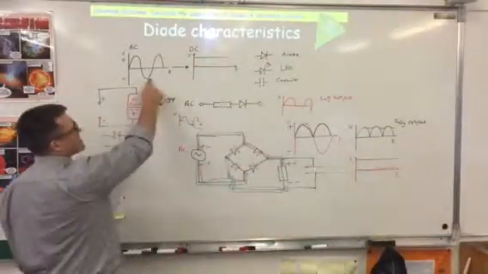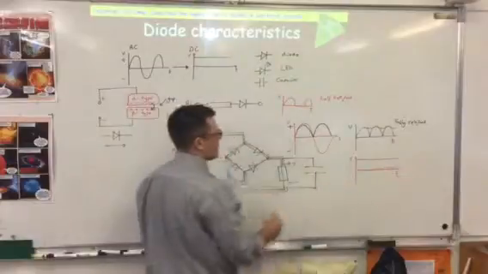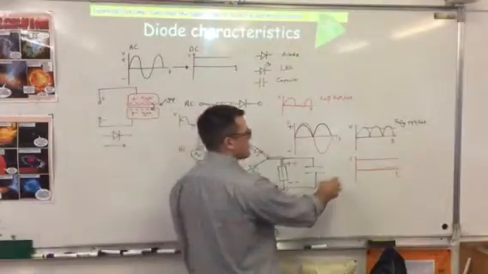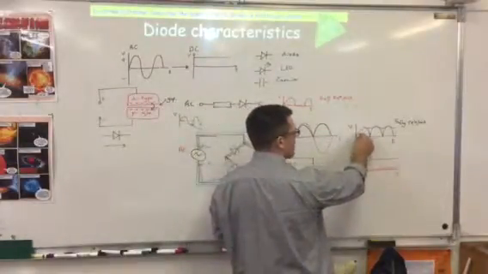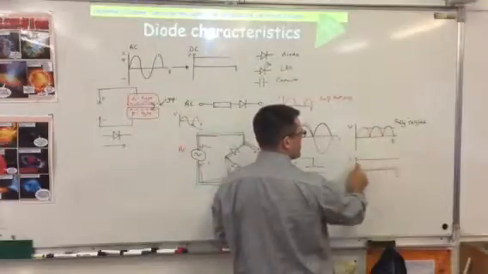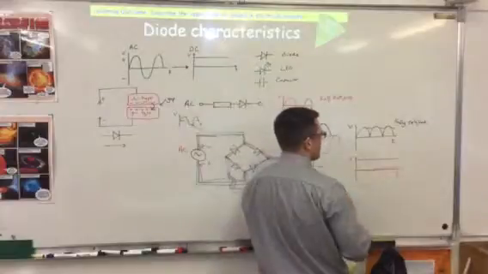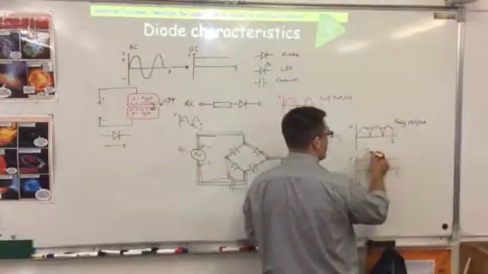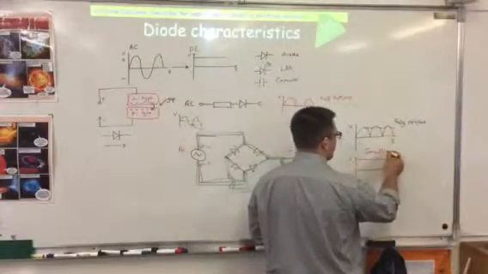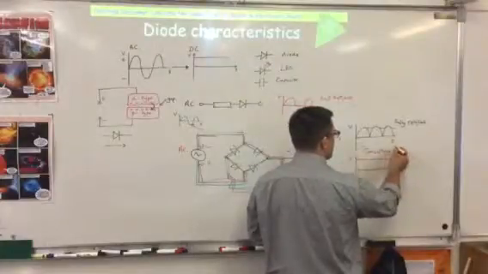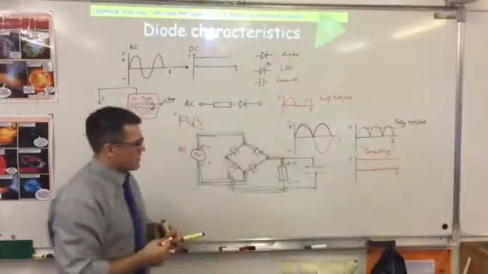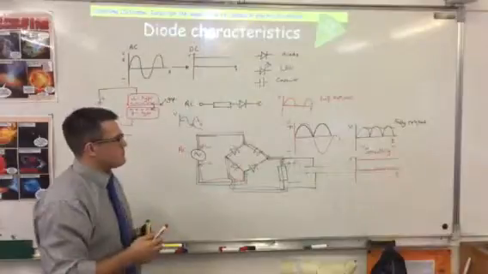So we've gone from our AC input to our DC output. This process of going from a fully rectified circuit to a flat DC output is called smoothing, because we're smoothing the line along the top, and that is the job of the capacitor. The capacitor is used to smooth the circuit output.